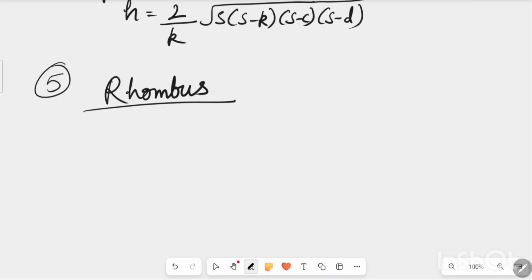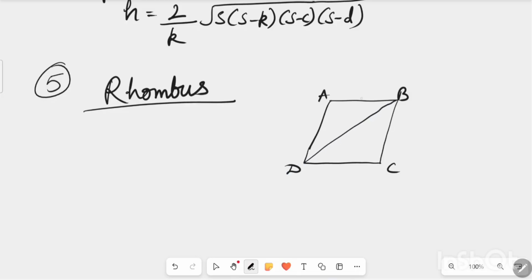All 4 sides of a rhombus are equal. A, B, C, D, diagonals D1, D2.